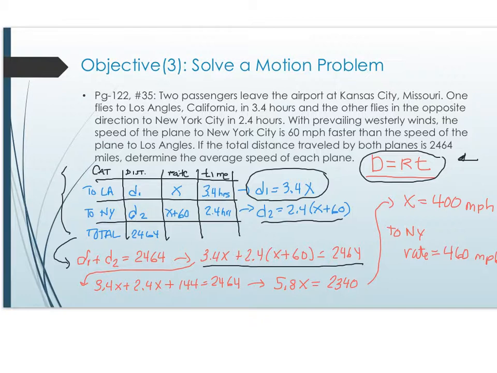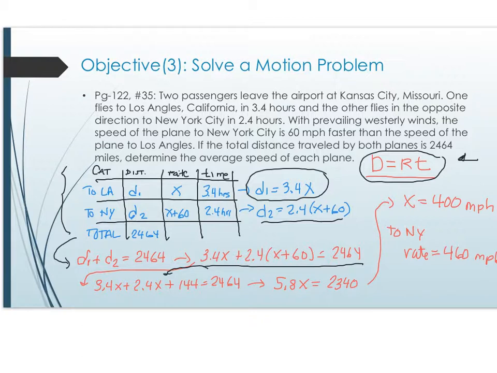You will notice that we end up from here down here to 3.4x plus 2.4x plus 144 is equal to 2464. And we combine like terms. We get 5.8x is equal to 2320.